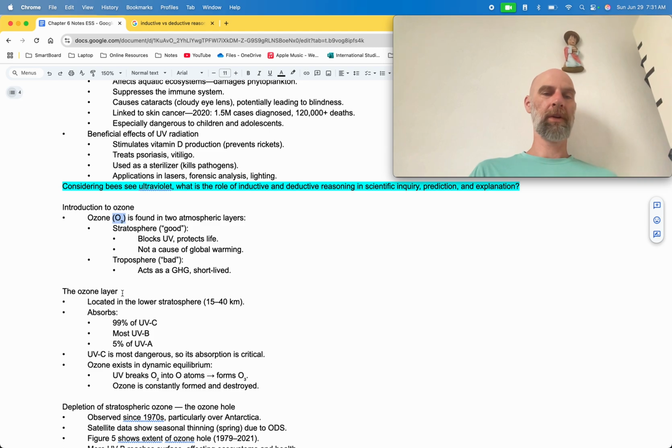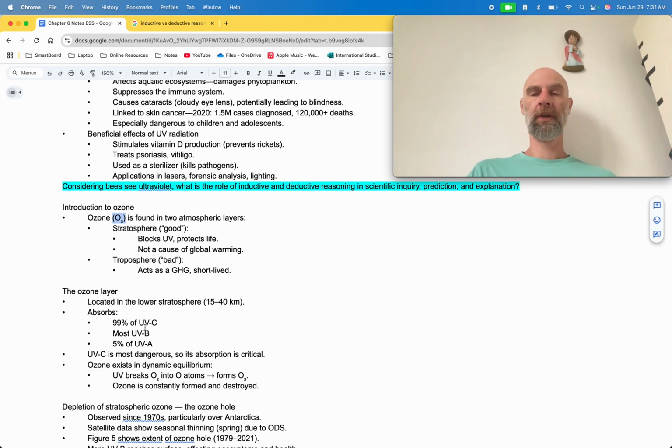The ozone layer, located in the lower stratosphere, 15 to 40 kilometers above us, absorbs 99% of UVC, most of UVB, and 5% of UVA. Keep in mind that most of the UV radiation that reaches the Earth is UVA.